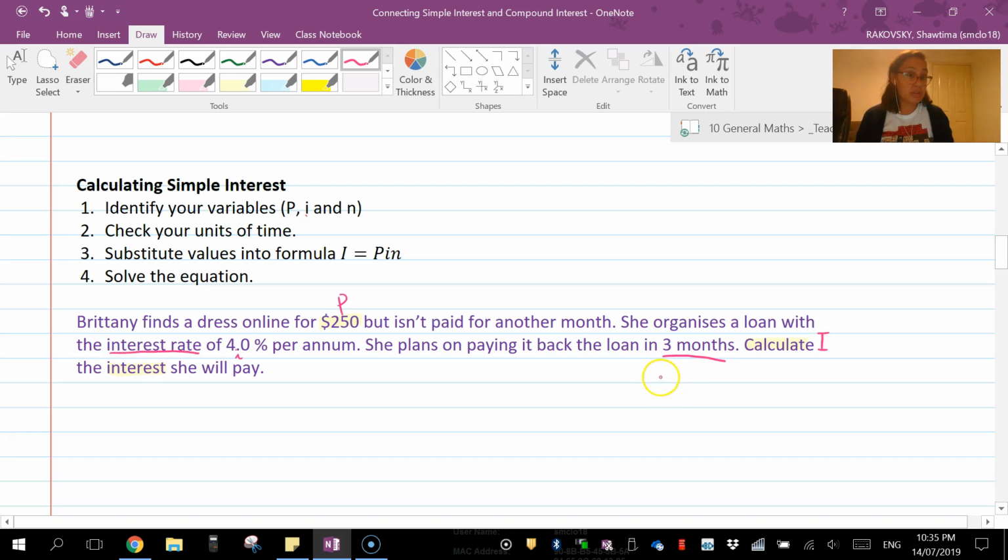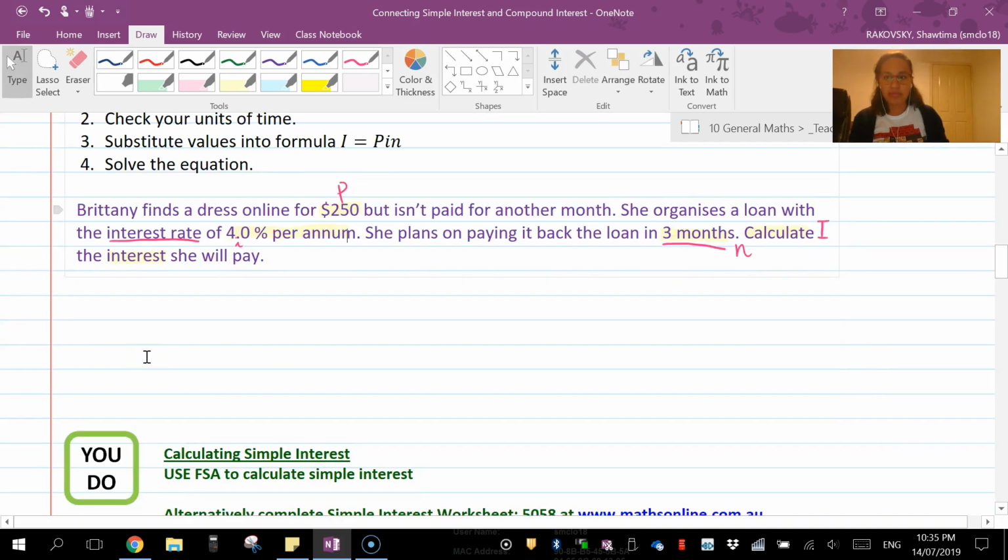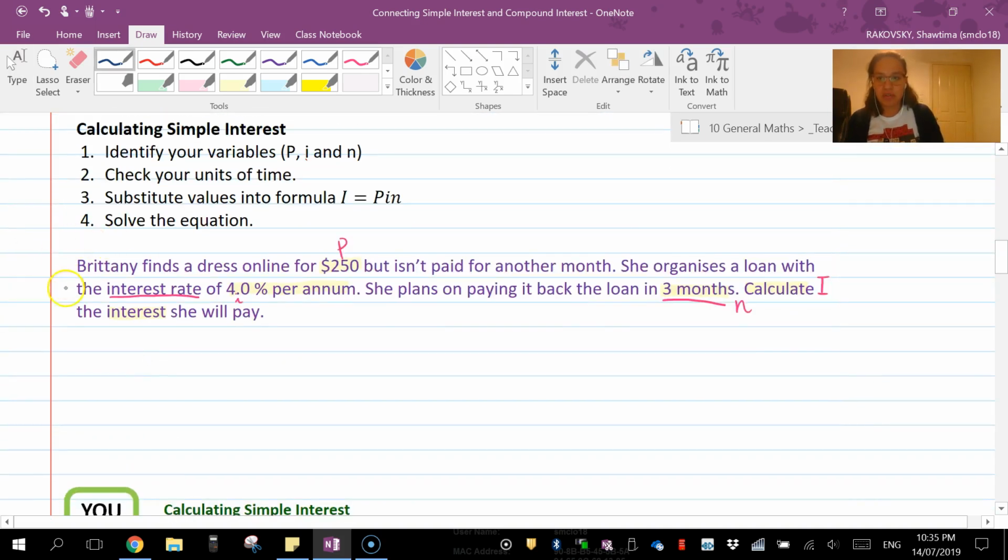Looking for units of time would help, and this is your N. With that important information, what I like to do when I'm doing these questions, because sometimes you might end up with a different variable that you need to look for, is write out your variable list. You know that your formula is I equals PRN, so big I, and I'm going to write out I, P, R, N here.